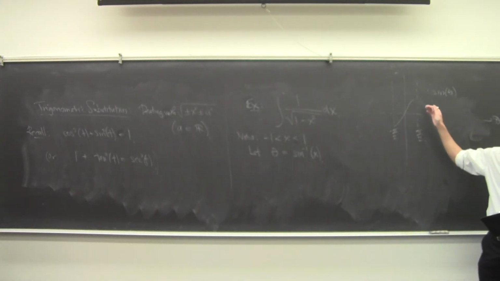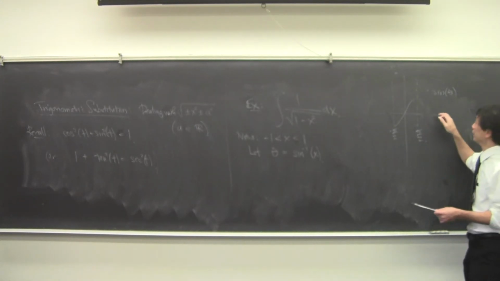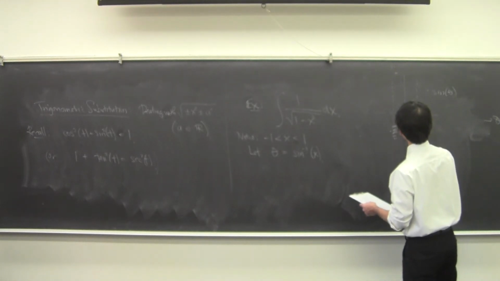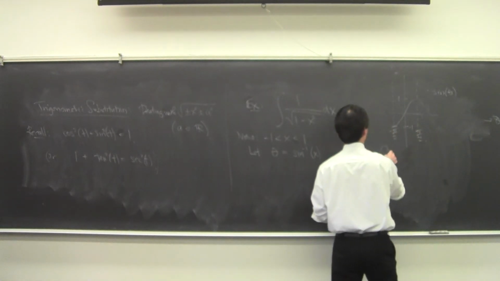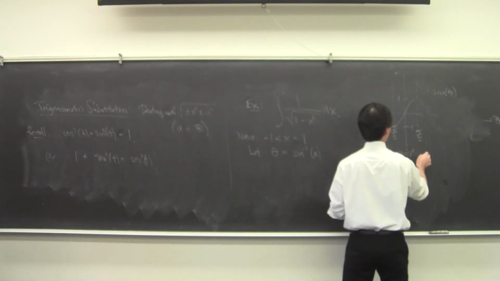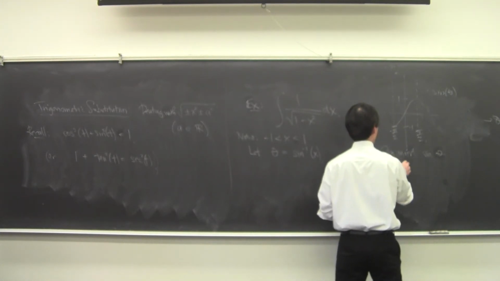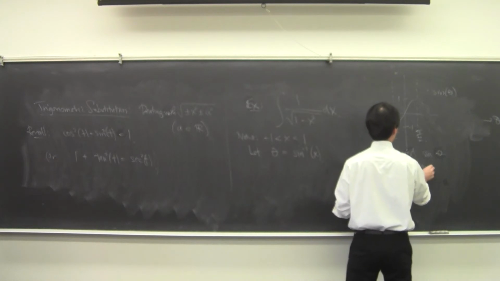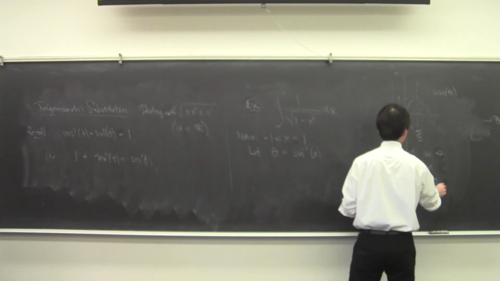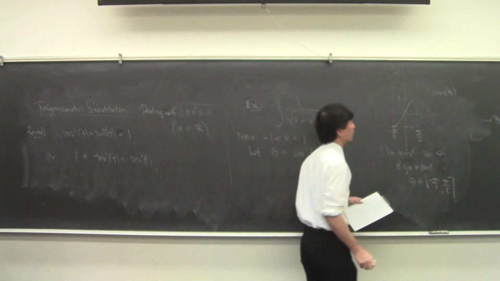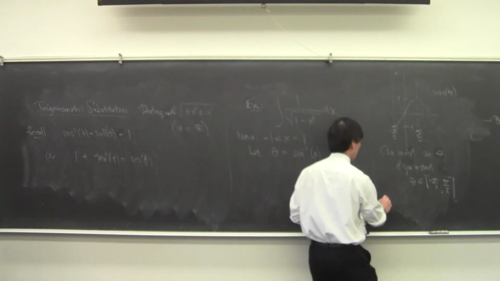In that part, the sine function is one-to-one, and so I can invert it. So you can invert the sine function if you restrict theta to -pi/2, pi/2, and you get this sine inverse function.